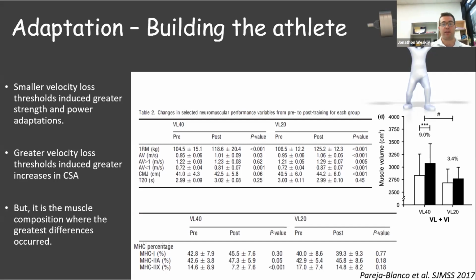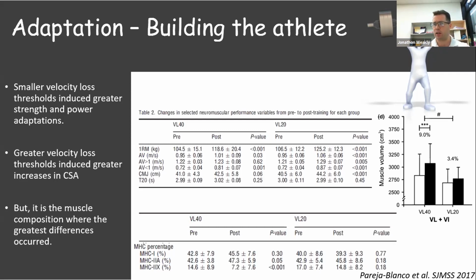We can see here that the 40% group had more of a transition towards the type 1 fiber and a loss of the type 2 explosive fibers, where the 20% group managed to hold on to those type 2X fibers a bit more. So the group who did more volume ended up not being as strong or as powerful, and they had more of a change from the explosive type 2 fibers towards the more endurance-based type 1 fibers.